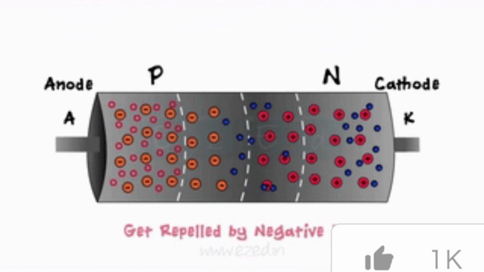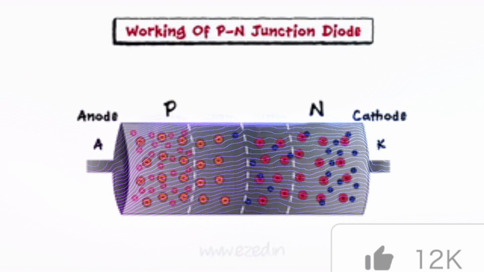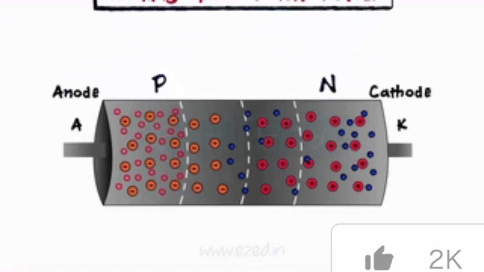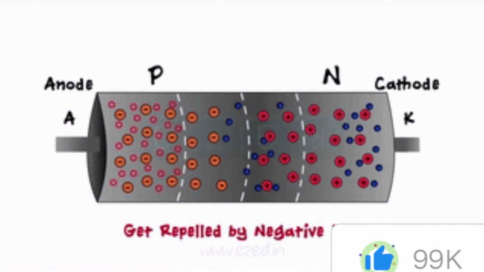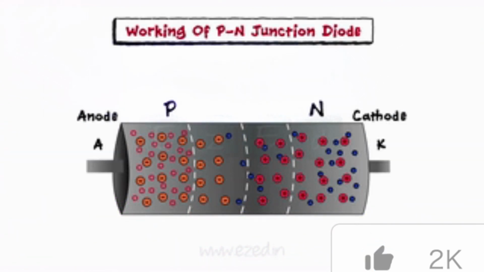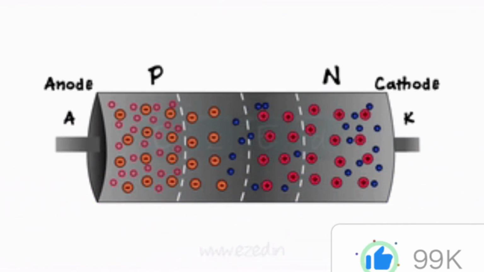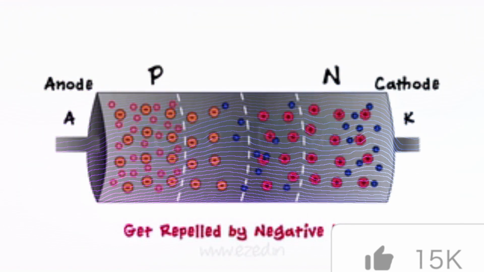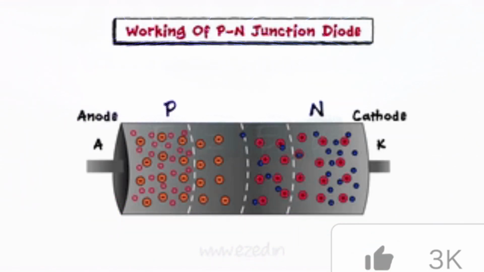The diode operates like an electric check valve, in that it allows current to flow through it in only one direction. If the diode is to conduct current, it must be forward biased.